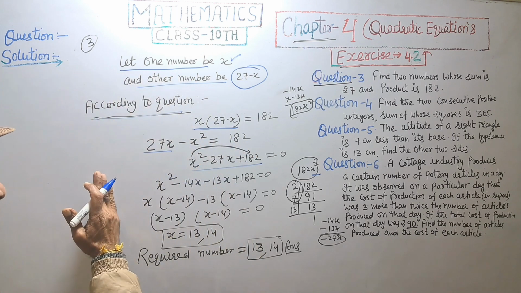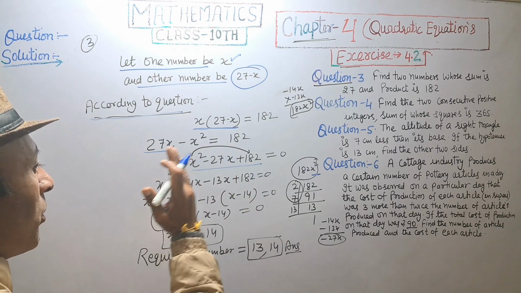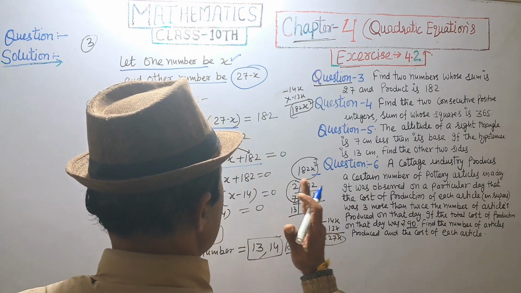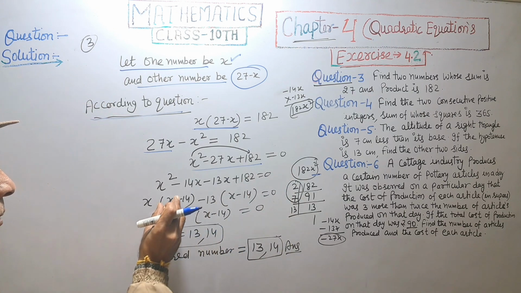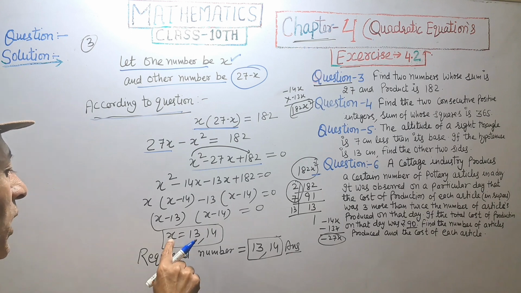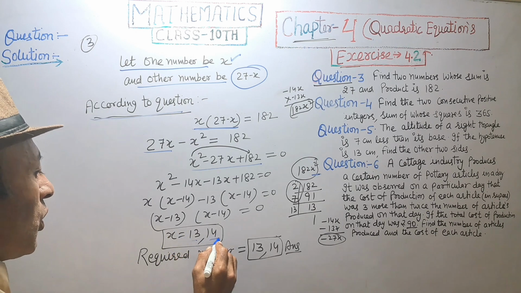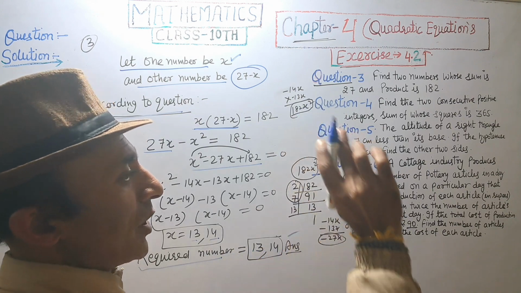So taking x common, x minus 14 in brackets, and 13 common, x minus 14 in brackets equal to 0. x minus 13 one time and x minus 14 one time equal to 0. So x equals 13, 14. Required numbers are 13 and 14. Answer.